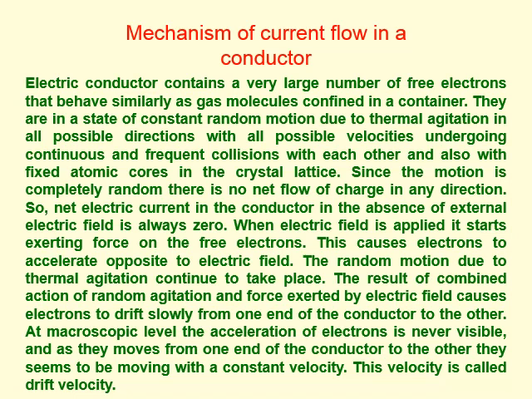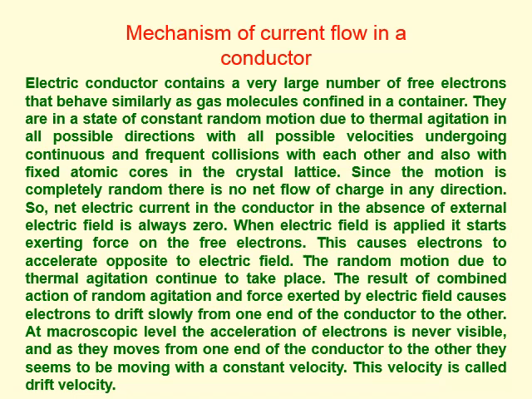When electric field is applied, the electrons start experiencing electric force in a particular direction, opposite to the direction of electric field. This causes electrons to accelerate opposite to electric field. The random motion due to thermal agitation continues to take place. Now, as a combined result of random agitation and the force exerted by electric field, the electrons drift slowly from one end of the conductor to the other.